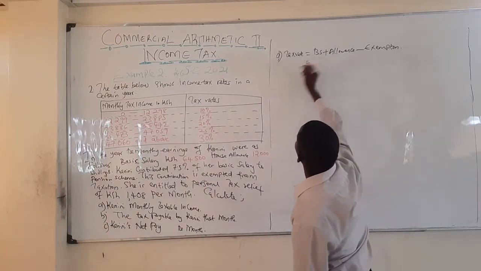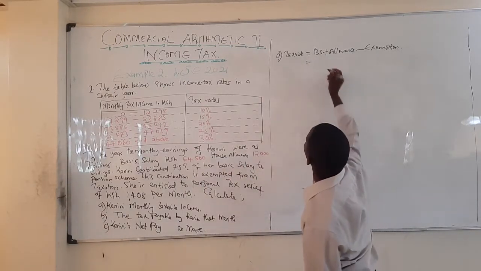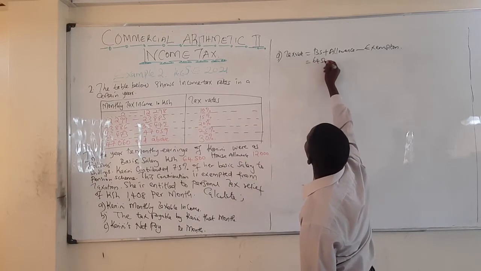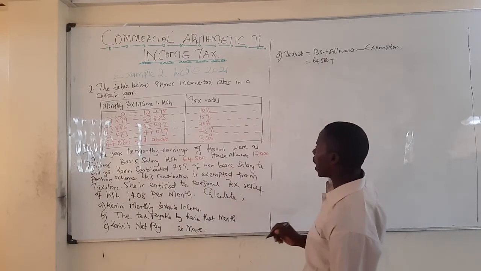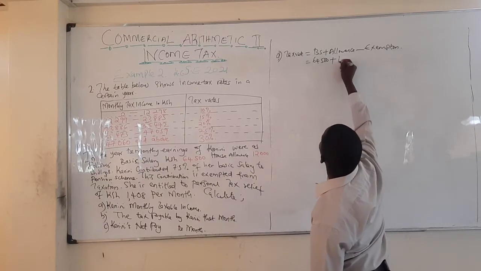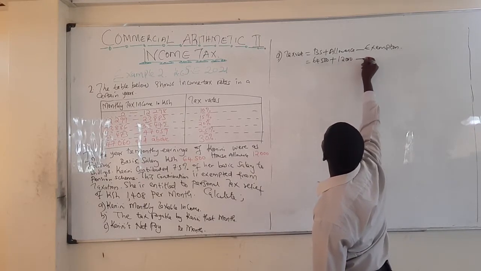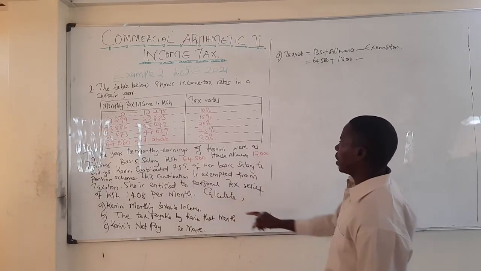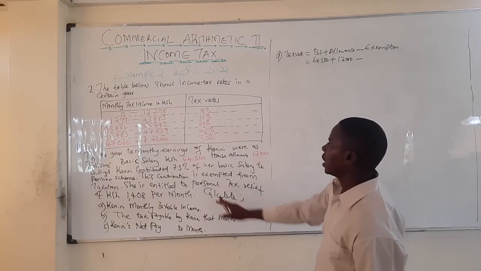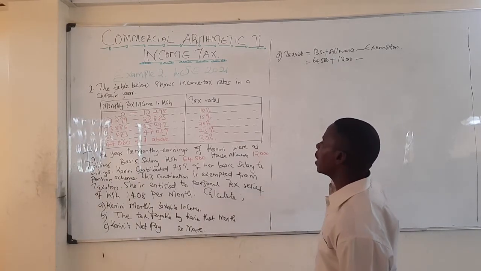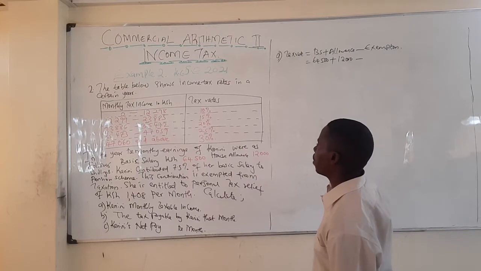So the basic salary here is 64,500 plus allowance. We have one, 12,000, minus exemption. I was told that this 7.5% of our basic salary is exempted.